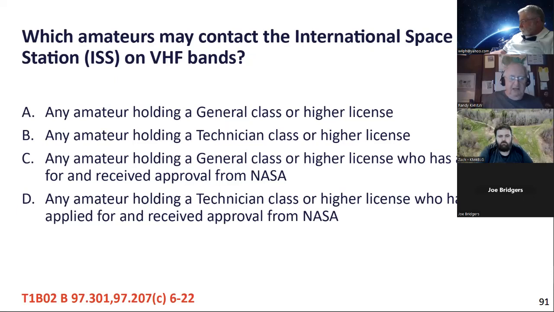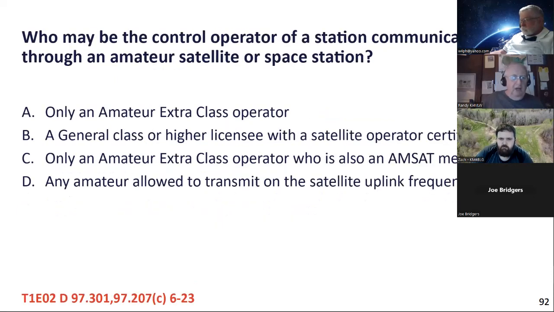That would be B, any amateur holding a technician class or higher license. Who may be the control operator of a station communicating through an amateur satellite or space station? And that is D, any amateur allowed to transmit on the uplink frequency.